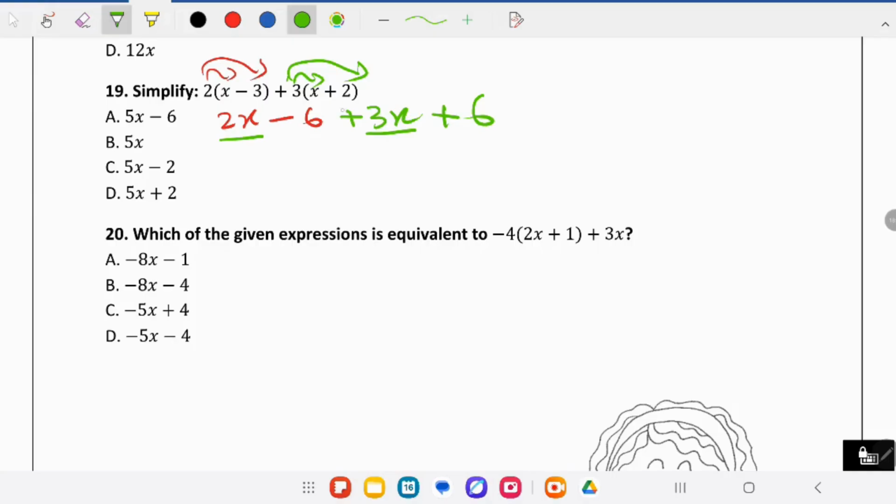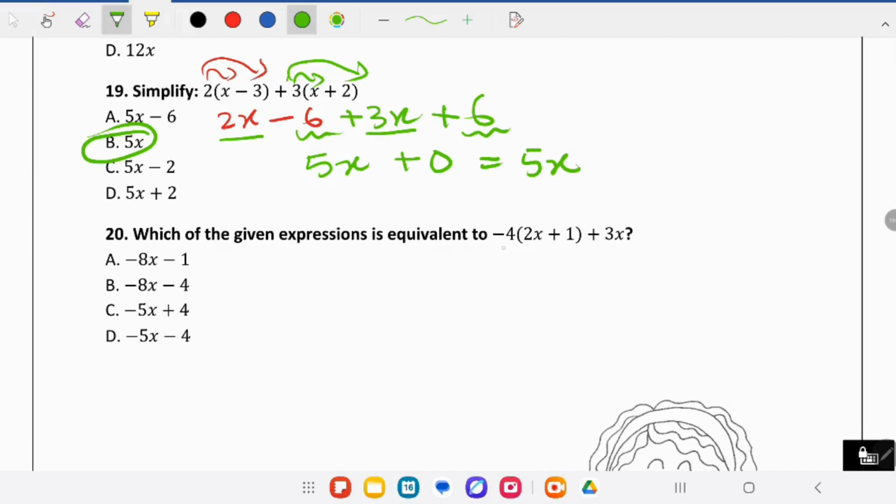I will simply add their coefficients, which is 5x. And negative 6 and positive 6. 6 minus 6 is 0. So I'm going to look for 5x, which is B. This is my answer.